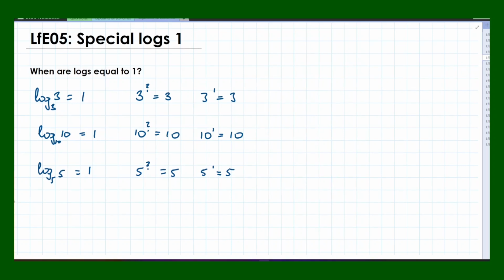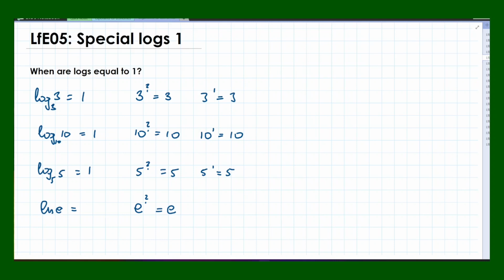I want to show you one last example before we move on to the generic discussion of why this is true for any base, and that's going to be ln of e. What is that equal to? Well, what power do I need to raise e to so that it is equal to e itself?